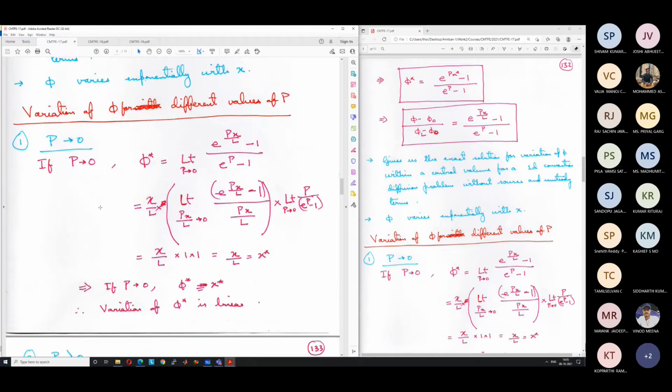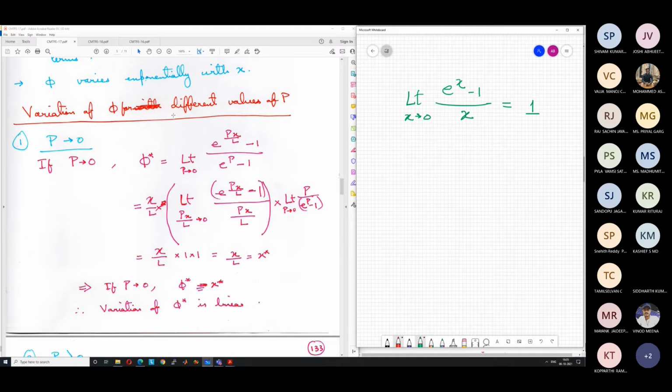So how will this variation look then? It should look something like this, right? So this is x star, which is equal to x by L. And this x star is equal to 0 here and 1 here.